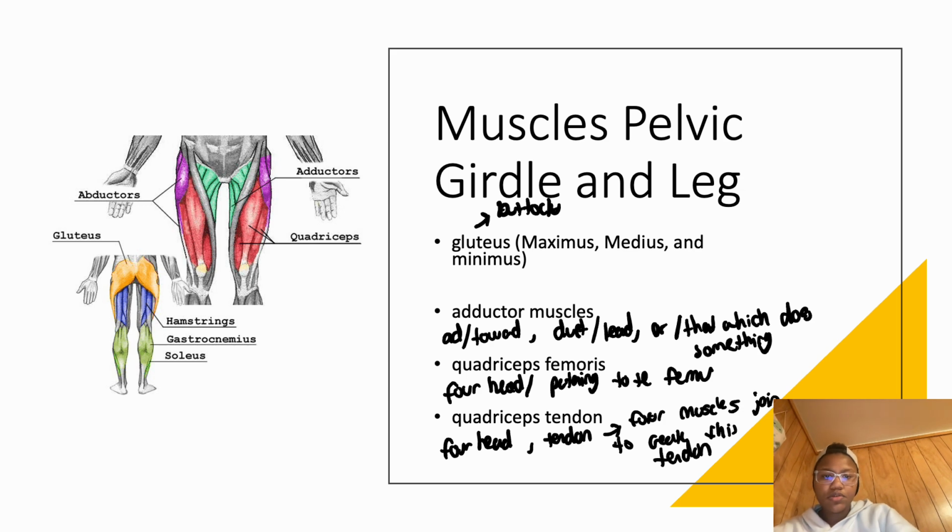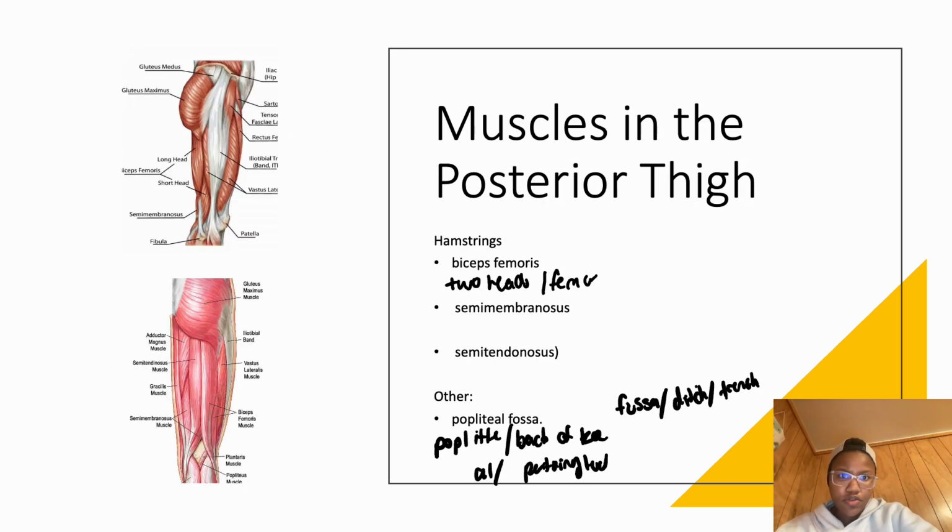And then quadriceps femoris, a four-headed muscle that is pertaining to the femur. The quadriceps femoris helps to extend and stabilize the knee, by the way. And then also the gluteus is one of the most powerful muscles in the body. And then lastly, we have the quadriceps tendon, and four muscles join to create this tendon because it's quad, so four.